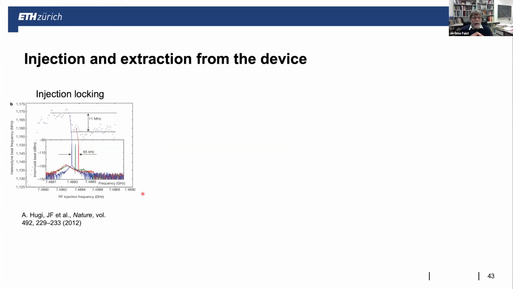But now what you can do is invert the process, and that actually was done already when we first studied this device. We showed already at that time that by injecting the RF, instead of extracting it, we can actually pull the center beat note of the device.